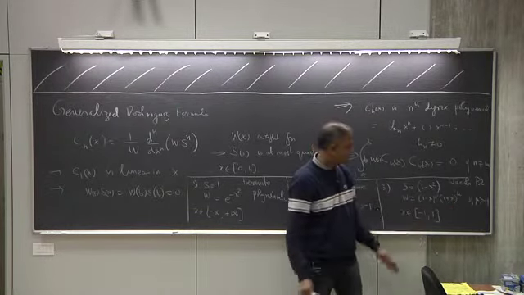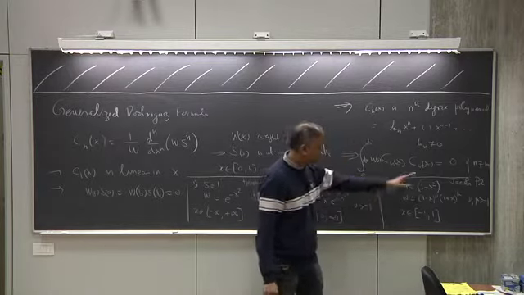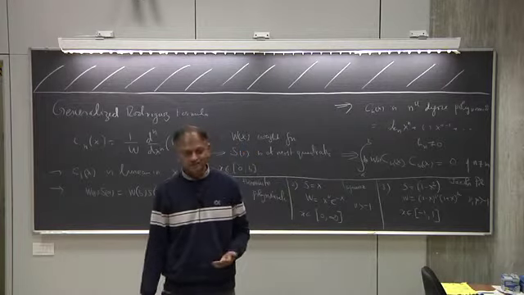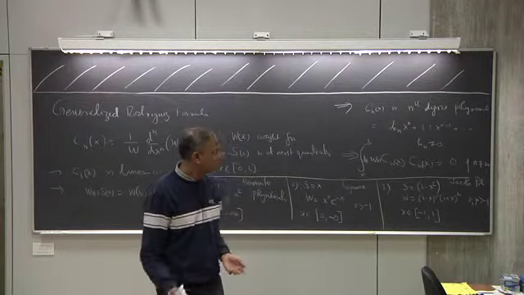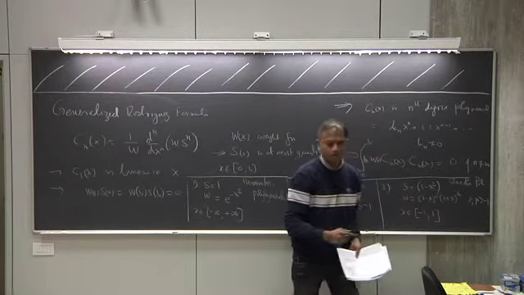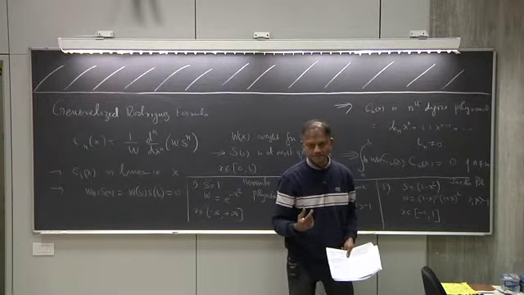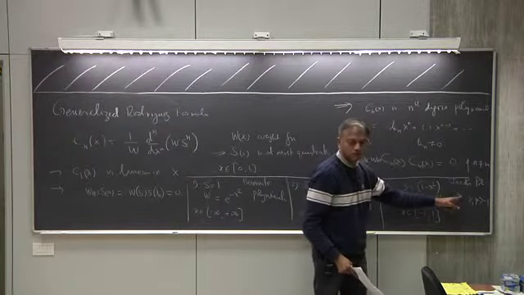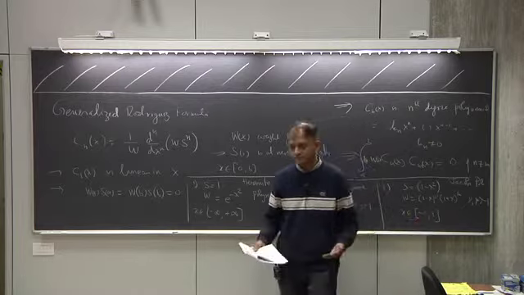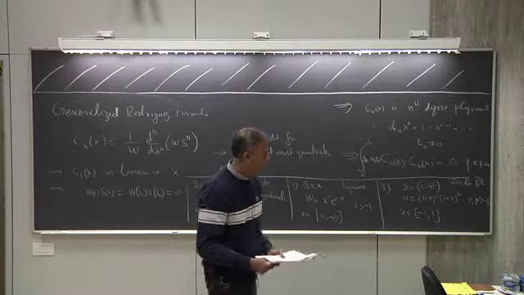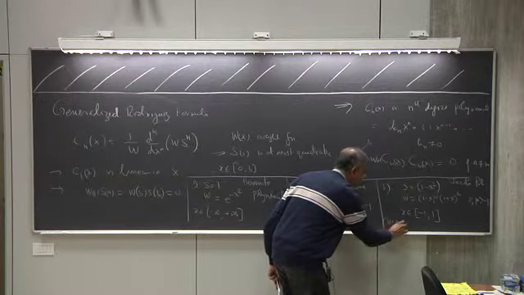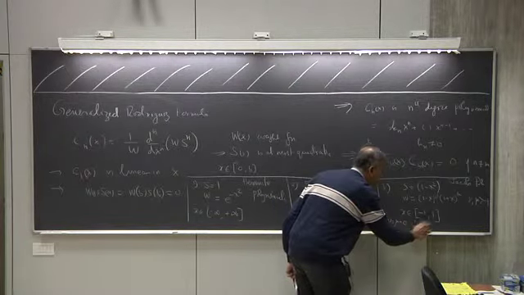However, of all the Jacobi polynomials, the one which appears a lot in physics is the special case where you choose nu equal to mu equal to 0, and the resulting polynomials are called Legendre polynomials.